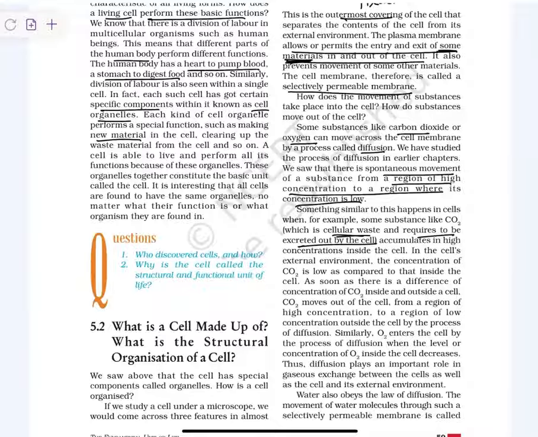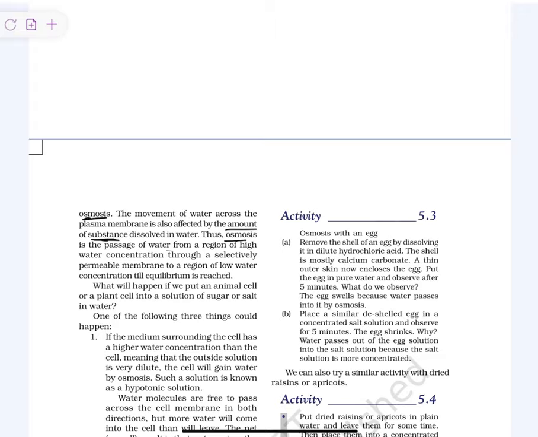Thus, osmosis is the passage of water from region of high concentration to region of low concentration through a selectively permeable membrane till equilibrium is reached. Till the amount on both sides becomes equal, osmosis will take place. Till the amount of solvent molecules becomes equal, osmosis will take place.